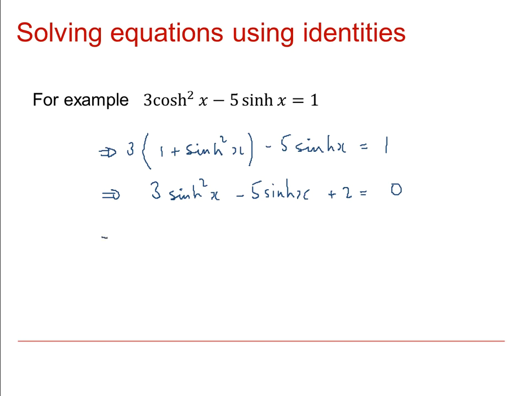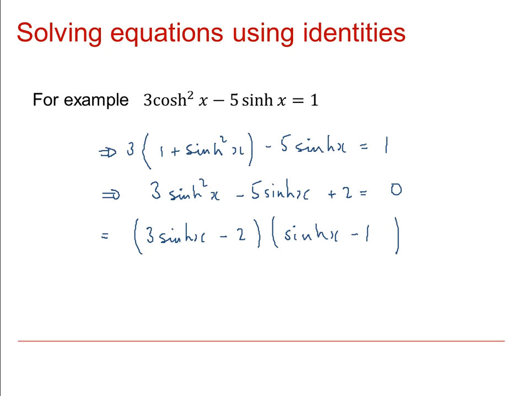Well, this factorizes: first bracket with 3 sinh x and the second bracket with just sinh x, and we need a 2 and a 1, so it's going to be minus 2 in the first bracket, and minus 1 in the second bracket, so that gives us a total of minus 5 sinh x and plus 2 at the end.